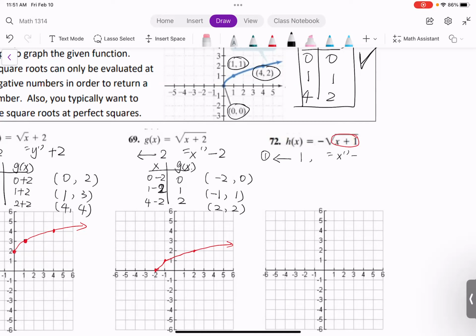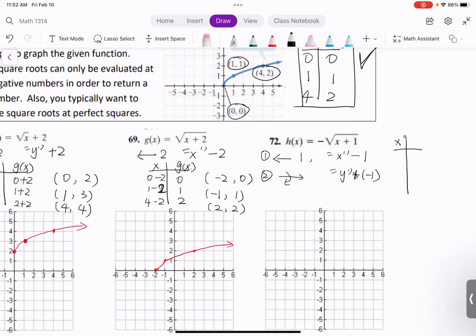All the x subtracted by 1. And the second transformation is outside, the minus. That means all the y need to be multiplied by negative 1, or the reflection along the x-axis. All the y multiplied by negative 1.